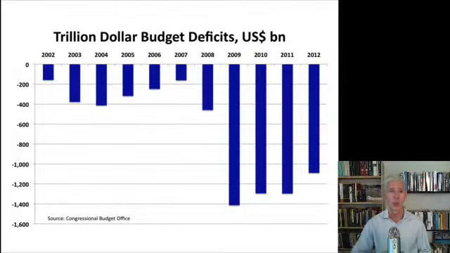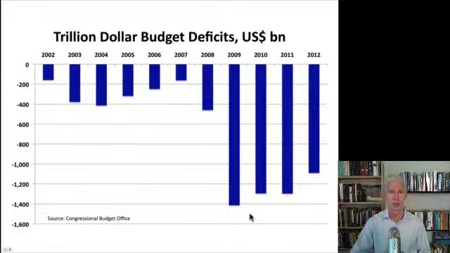Here you can see the government's budget deficit. Once the crisis started, the budget deficit blew out to an extraordinary $1.4 trillion. And over the last 4 years, the deficit has been more than $5 trillion in total.